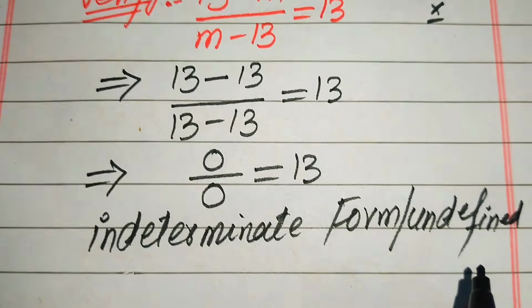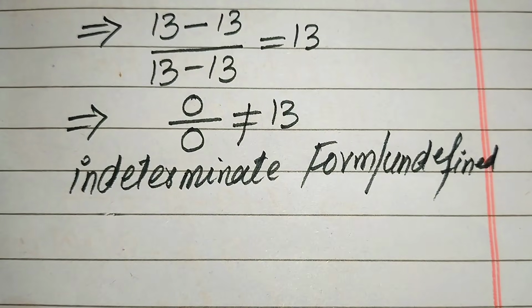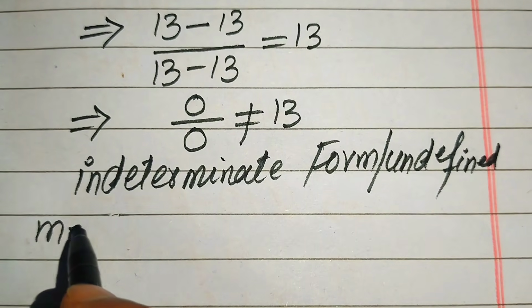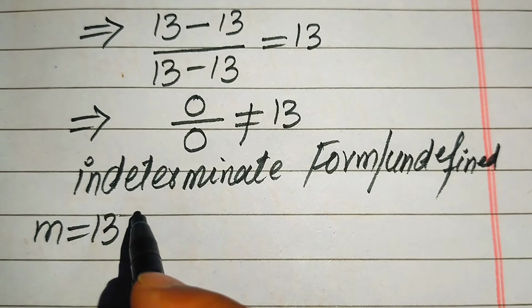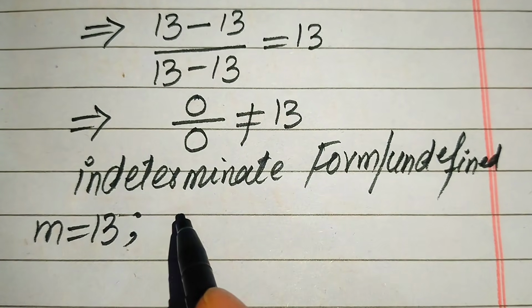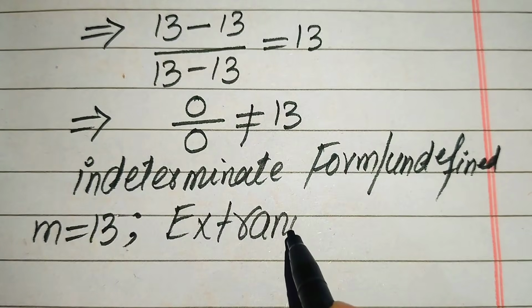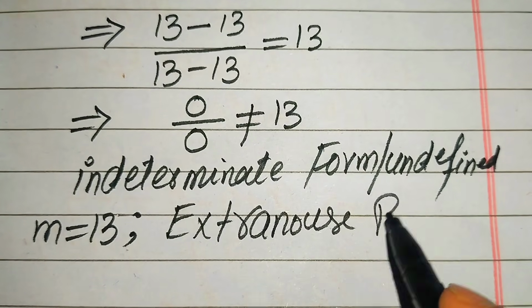So if our left hand side is indeterminate or undefined, this means that both of the sides are not equal. And if both of the sides are not equal, this concludes that the value m equals 13 does not satisfy our given question statement. So we call m equals 13 the extraneous root of the given equation.